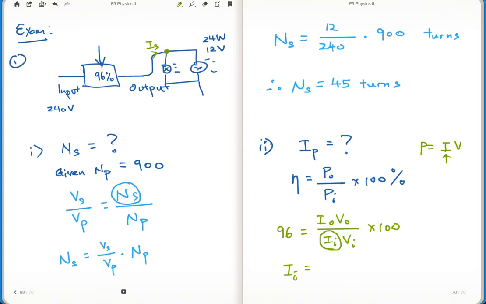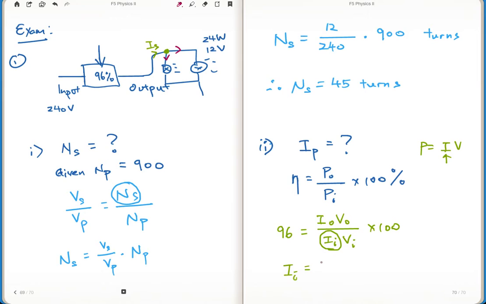From my previous video, they split. The current splits into half. Since they are the same, so split into half. One is 24, another is 24, so therefore you would expect it to be 48.